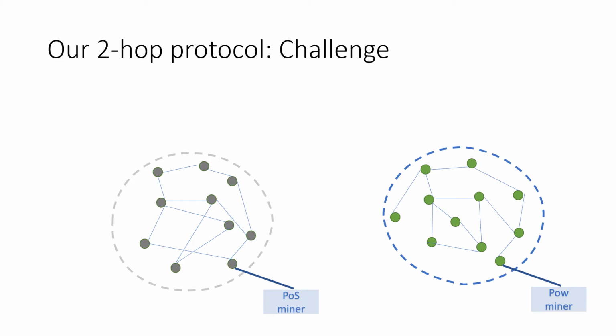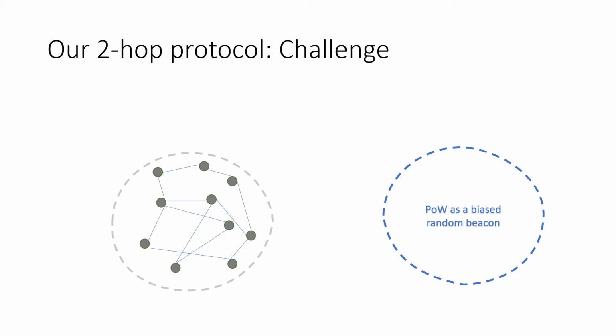We notice that we have two communities, proof of work and proof of stake, and proof of work is unpredictable. We therefore can use proof of work blocks as biased random beacons to select proof of stakeholders. Intuitively, proof of work blocks are unpredictable, so the proof of stake selection process will also be unpredictable.